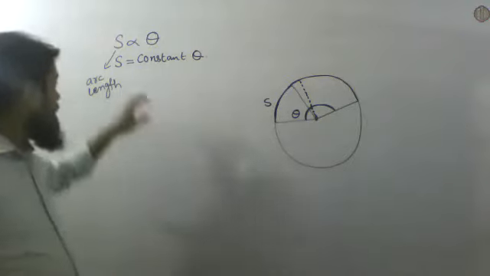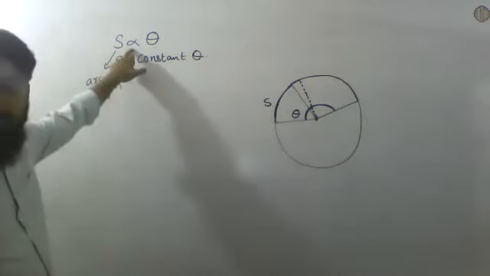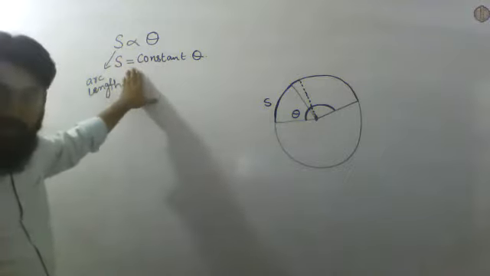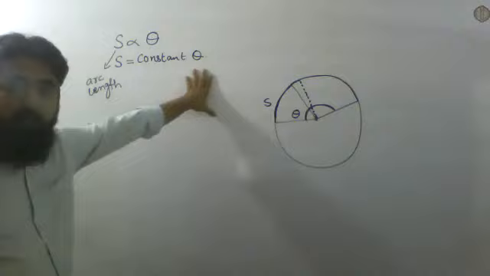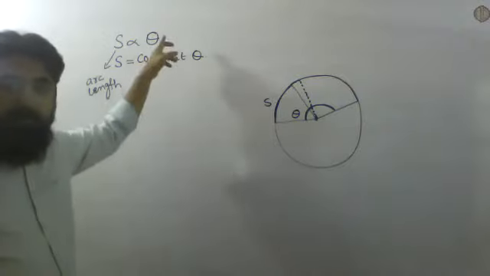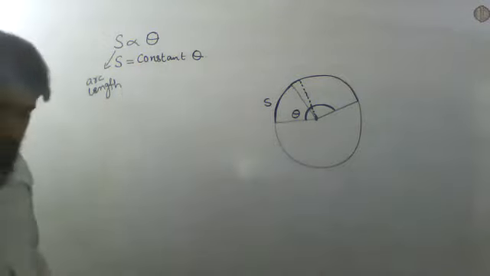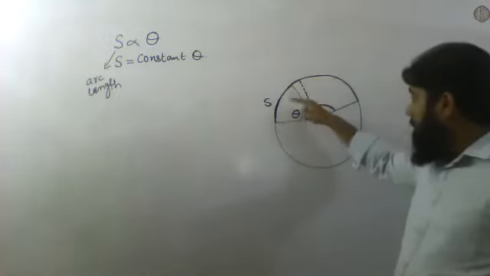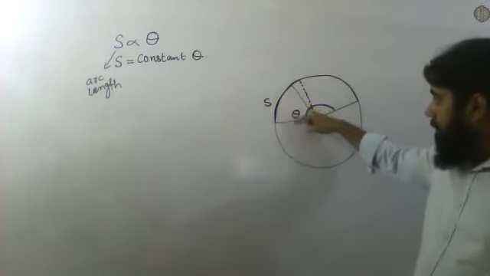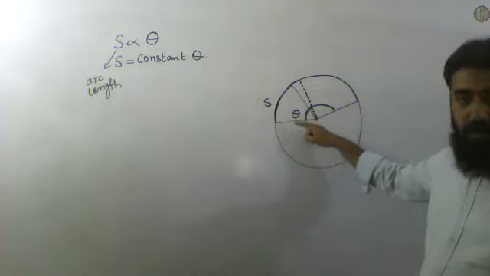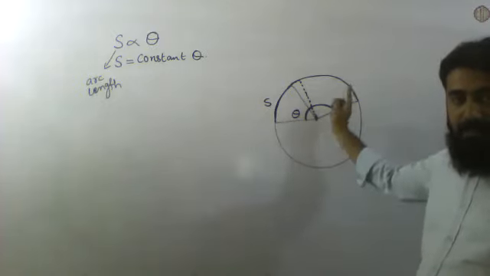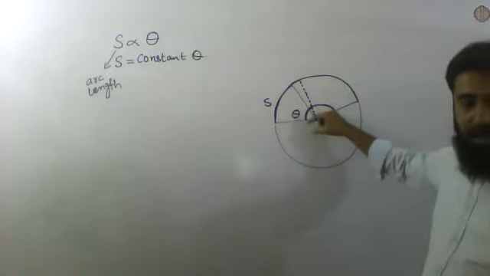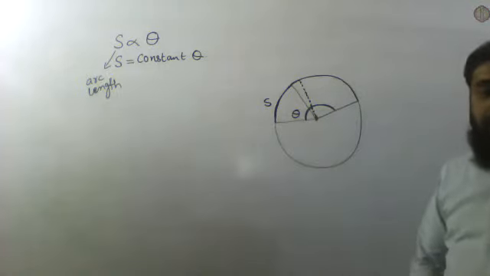When the proportionality sign is removed, we write the equals sign, a constant value, and then theta. Now, when I am changing my arc length, my angle is being changed. When I am increasing my arc length, my angle is increasing. If I am decreasing my angle, my arc length is also decreasing.